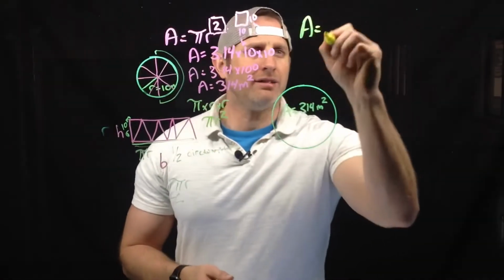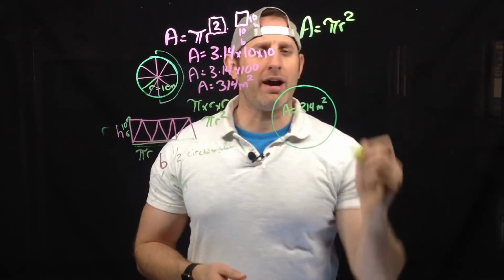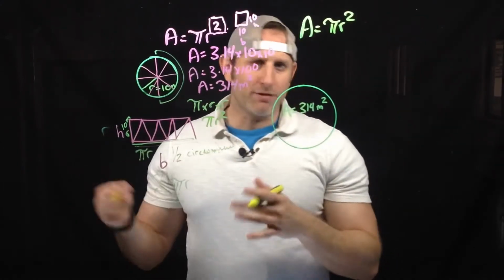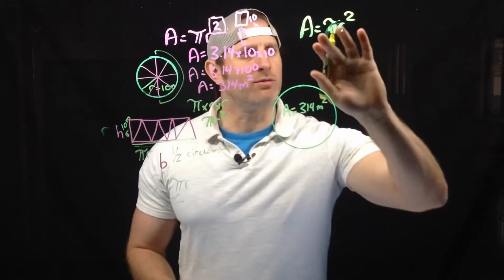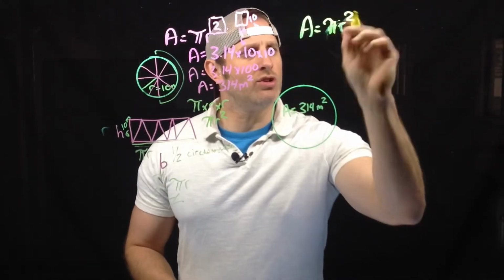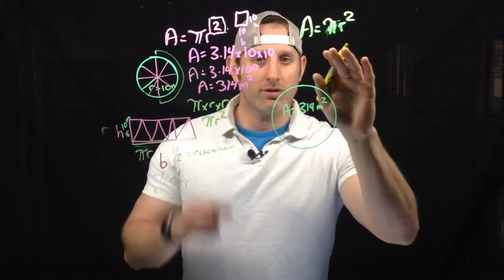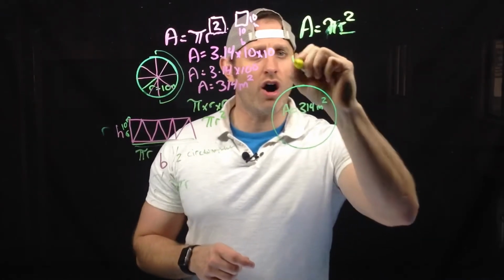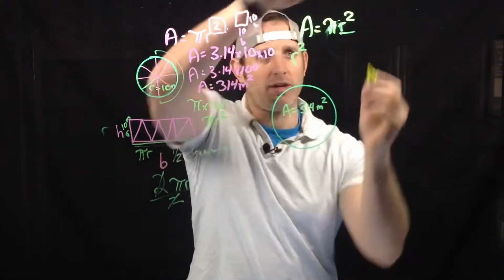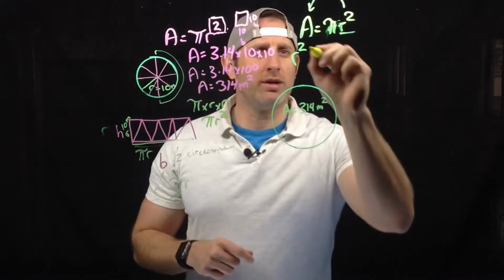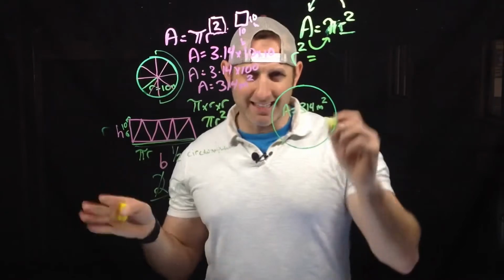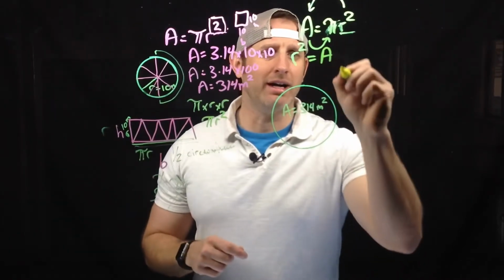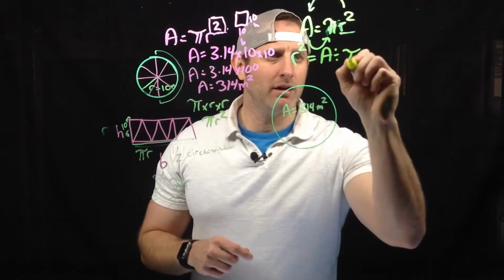So area is equal to pi r squared. But if we're looking for, say, radius, we need to use all of this. Oops, I just ran my finger through it. We need to use all of this formula. So we're going to move r squared over to the other side, and we're going to need to move area to the other side. So r squared is the same as area divided by pi.